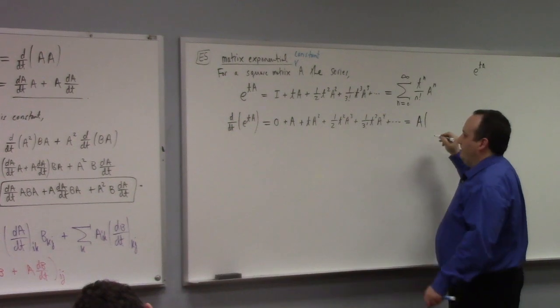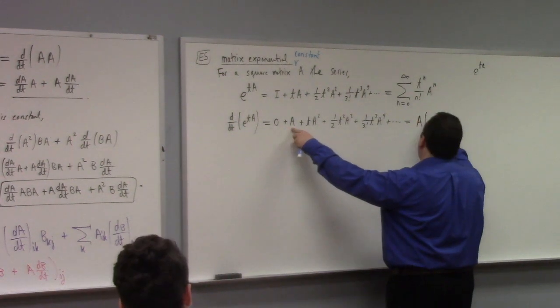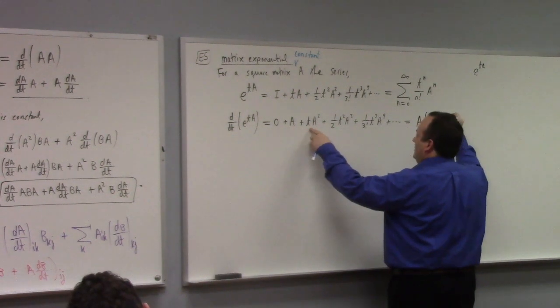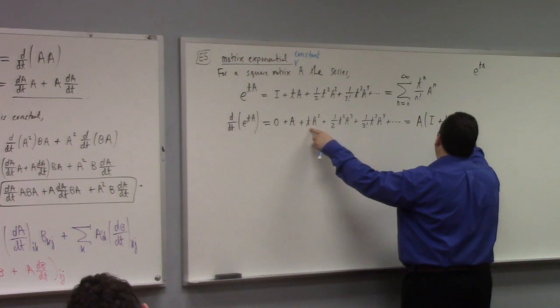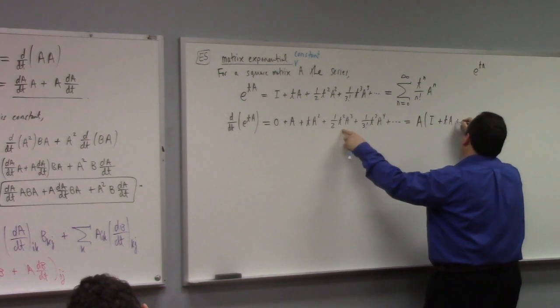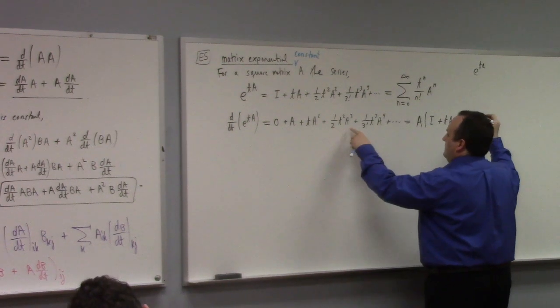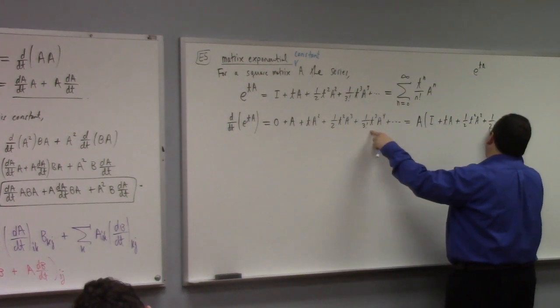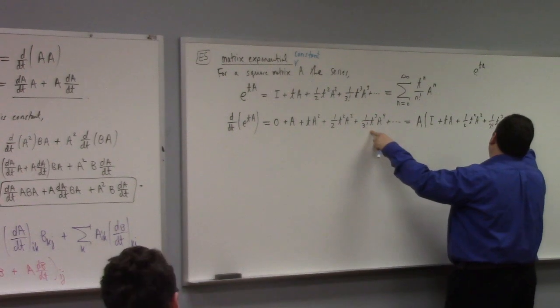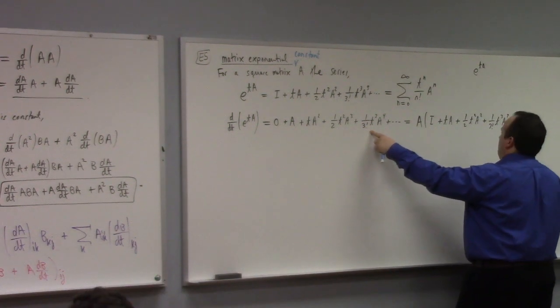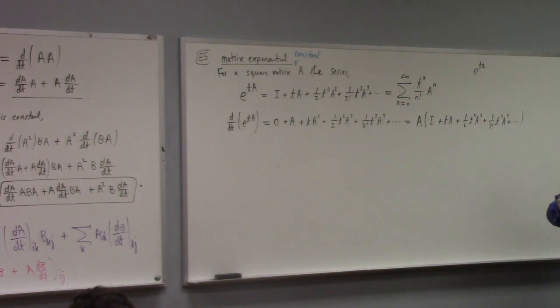Factor an A out, we've got an I for the first one. We've got a tA from the second one. We've got a 1/2 t squared A squared for the third one. We've got a 1 over 3 factorial t cubed A cubed for the fourth one. Dot, dot, dot. What is that?